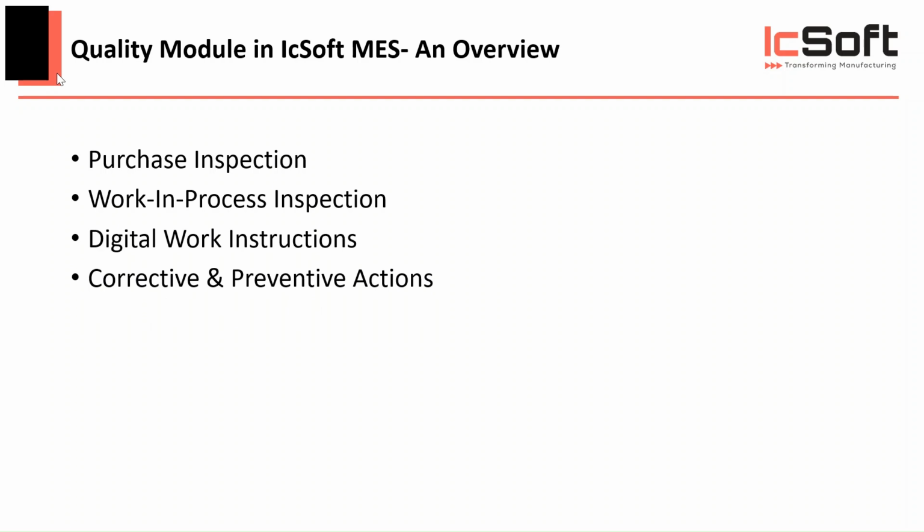So here, once we have reported the inspection results and we have identified the root causes of those defects, the quality module of IcSoft doesn't stop there, but it supports capturing the corrective and preventive actions to be taken to eliminate those root causes, then tracks their progress, sees the impact, and then closes a particular action plan. We'll see each one of these in detail now.